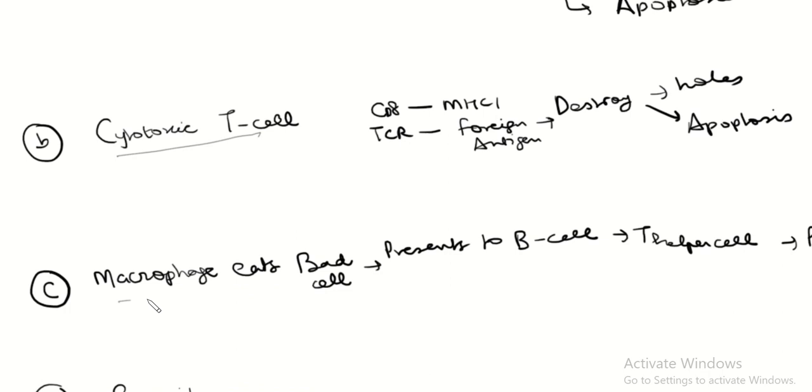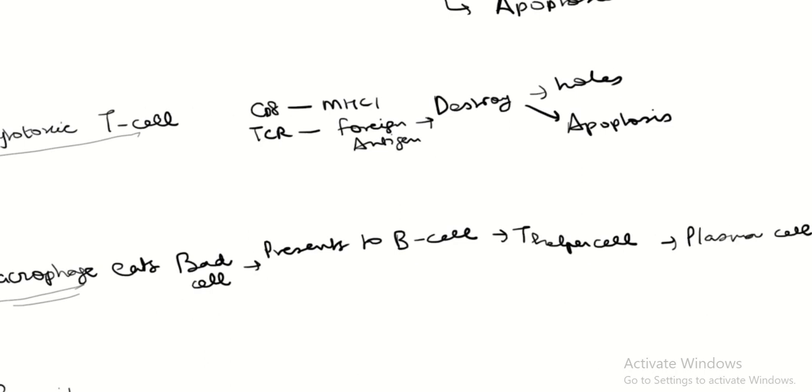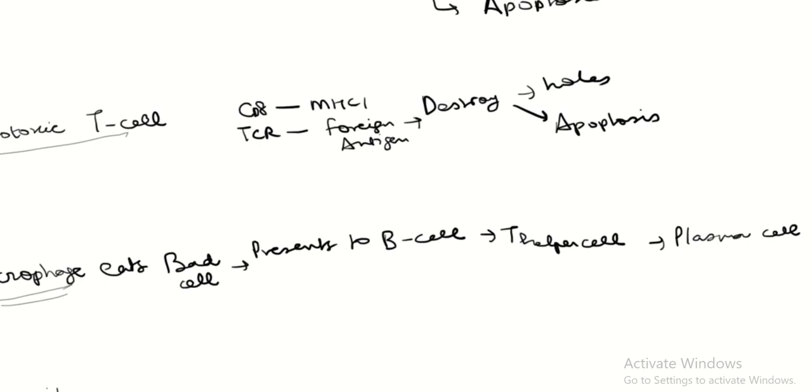The third mechanism is the macrophage eats the bad cell and presents it to the B cell. Or there might be an antigen that gets presented to the B cell, and both of them present themselves to T helper cells.